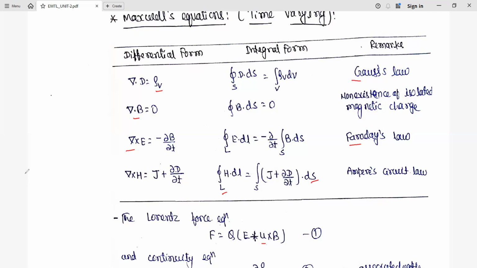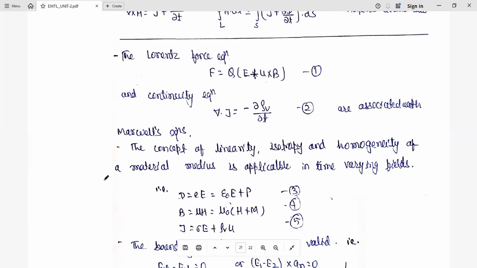And we have the earlier discussion about the continuity equation, that is del dot J equal to minus ∂ρV/∂t. So apart from the Maxwell equations, these are also important equations.